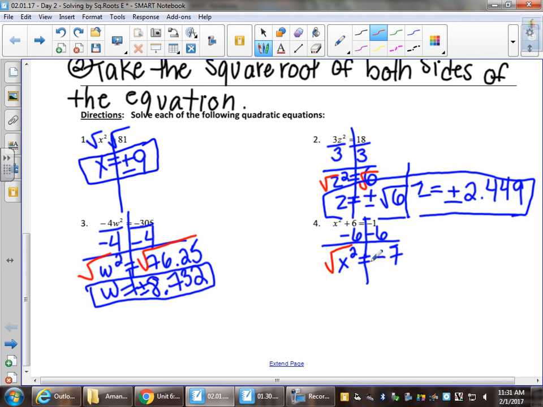Square root. Can you do the square root of a negative number? No. So in the future, you'll learn that taking the square root of a negative number will become imaginary. But for right now, if you're at this point where you're taking a square root of a negative number, you can write no solution.